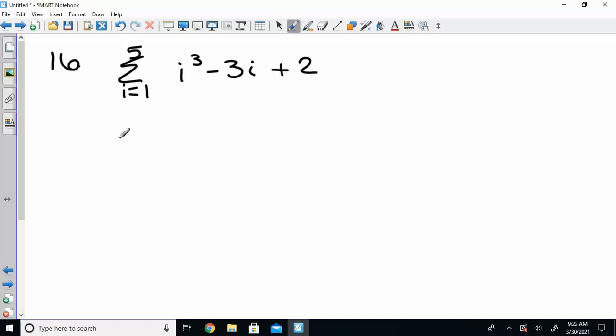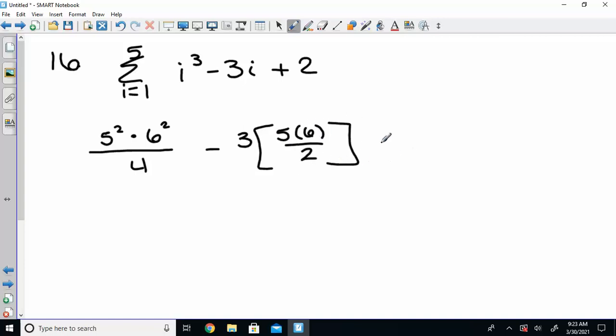So the I cubed is n squared times n plus 1 squared over 4 minus 3 times, for I you do n times n plus 1 over 2, plus for the 2 you just do 2 times n. That's 190.